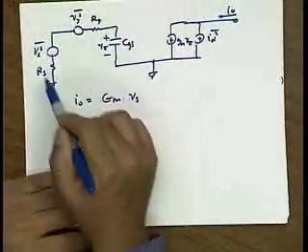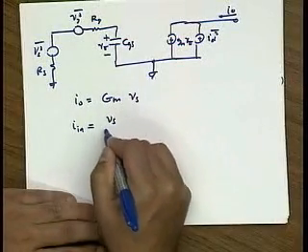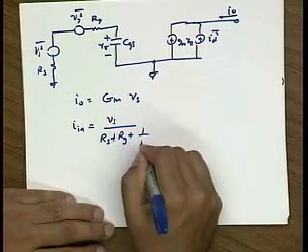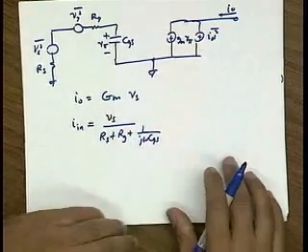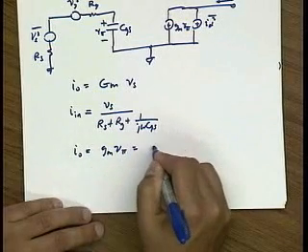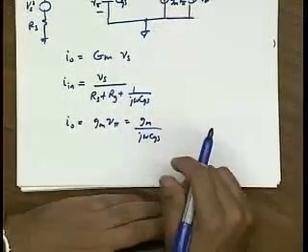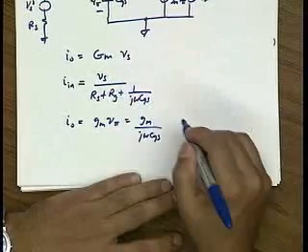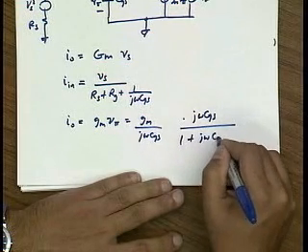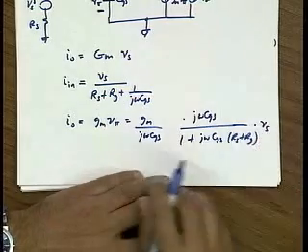Now this is pretty easy to do. If you look at the input of the transistor, a voltage source will generate a current, so I can say that I_in is Vs divided by the total resistance in this loop, which is Rs plus Rg plus 1 over j omega CGS. And basically the output current is gm V pi, which is gm over j omega CGS, which is omega t over omega times minus j, times this V pi that we just calculated, which is j omega CGS over 1 plus j omega CGS (Rs plus Rg), times Vs. Okay?